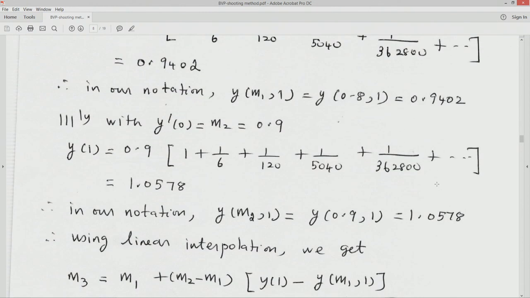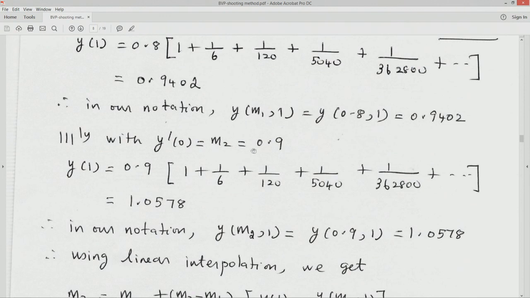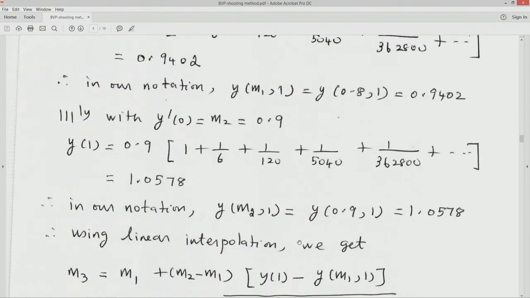Similarly, with the second guess m2 as 0.9, we work out what y of 1 is, namely we are solving the second initial value problem, and that gives us 0.9 into these terms, that will give you 1.0578, and this in our notations is y of m2, 1, and that turns out to be this.